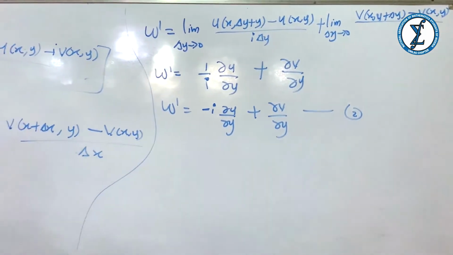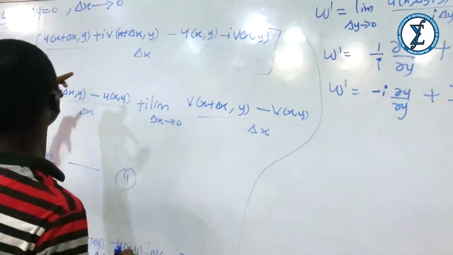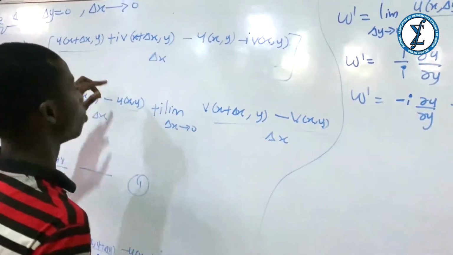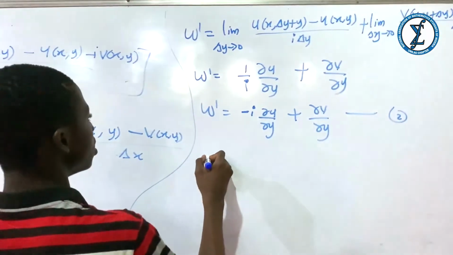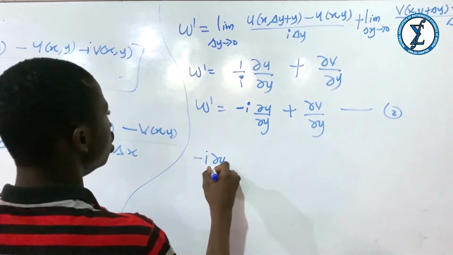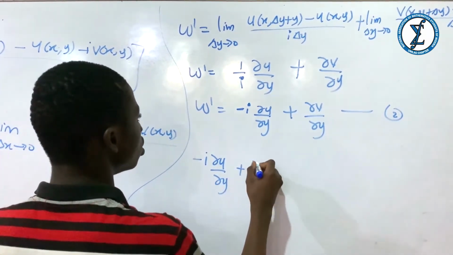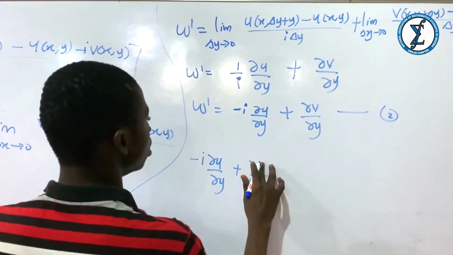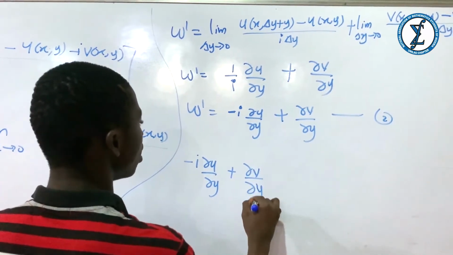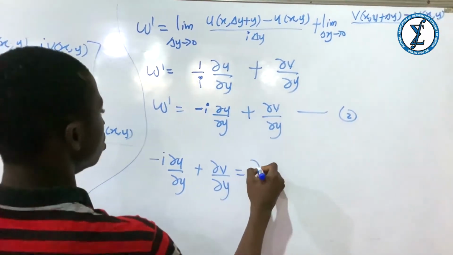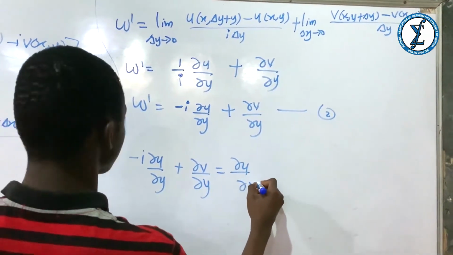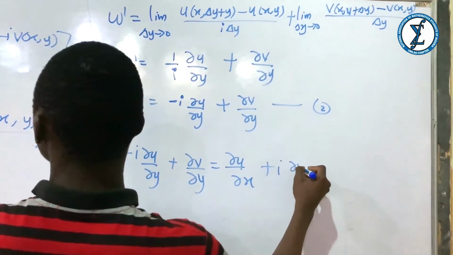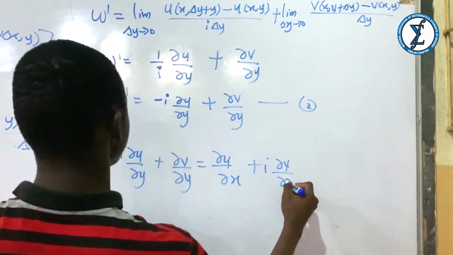Since the derivative, or the limit, is independent of the path, then I can say boldly that minus i du dy plus dv dy is the same thing as du dx plus i dv dx.